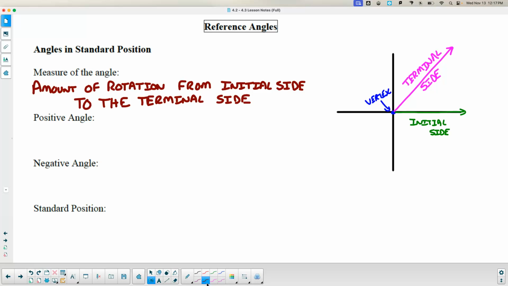We can rotate either clockwise or counterclockwise. If we are going with a positive angle, the rotation is counterclockwise.